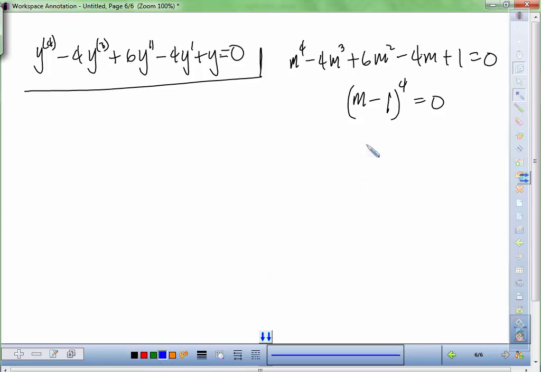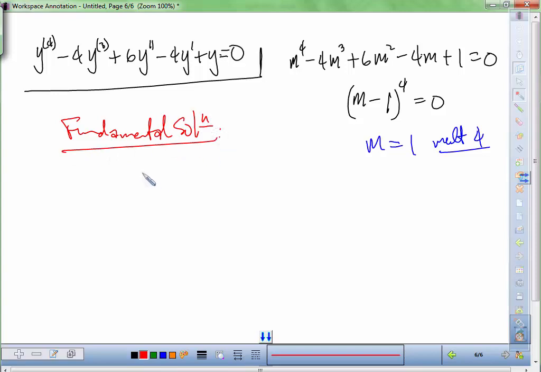Your solution here is m equal to 1, and it has multiplicity 4. So 1, four times, is the solution for this auxiliary equation, which means if we want to make a list of your fundamental solutions, you need 4 of them, right?